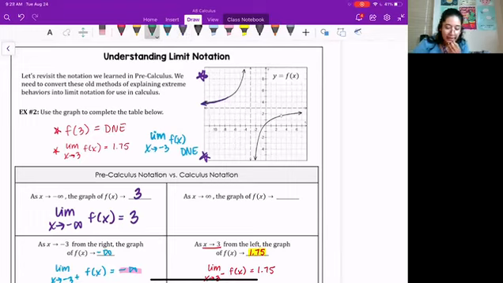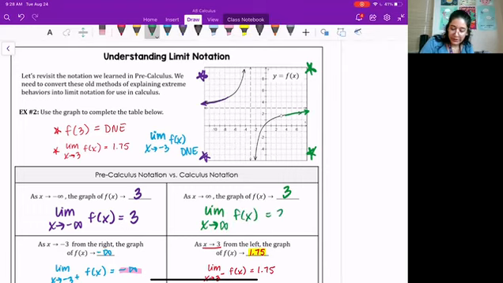All right, and then we can have x approaching positive infinity over here on the right. Okay, so my graph is moving to the right, my x values are getting bigger and bigger, and my y values are approaching that same horizontal asymptote at 3. The limit as x approaches infinity equals 3. Cool.